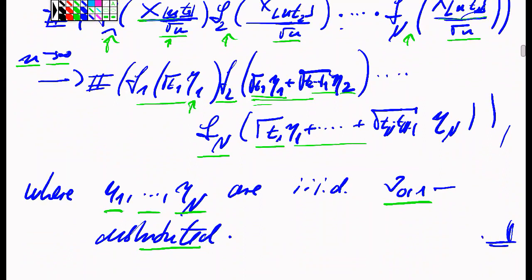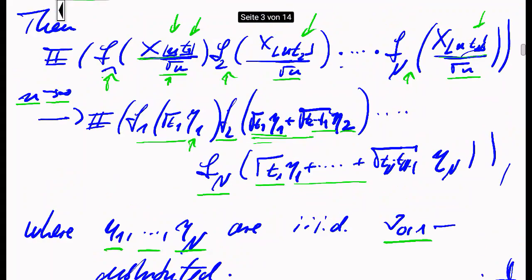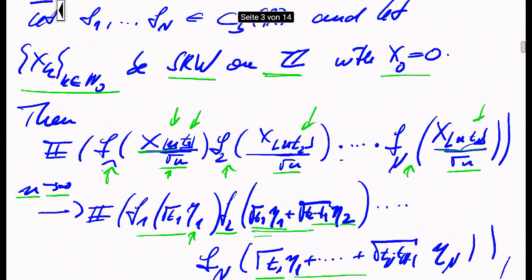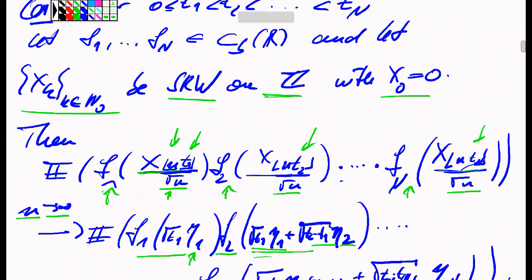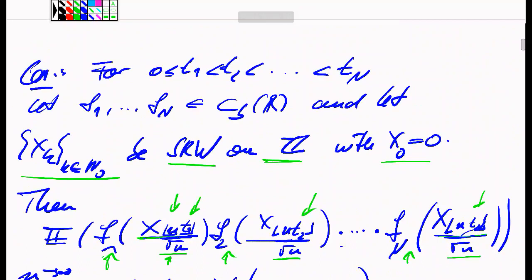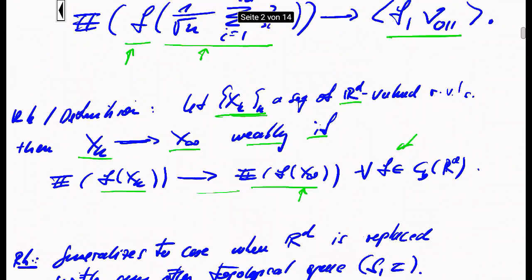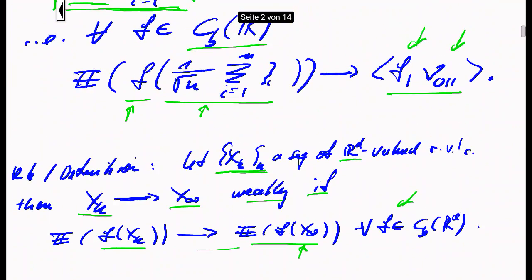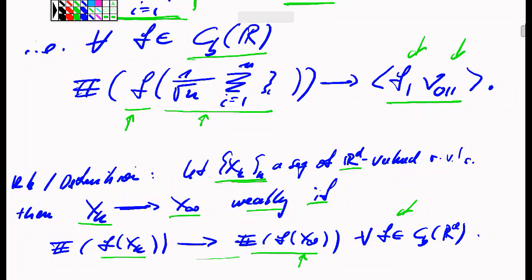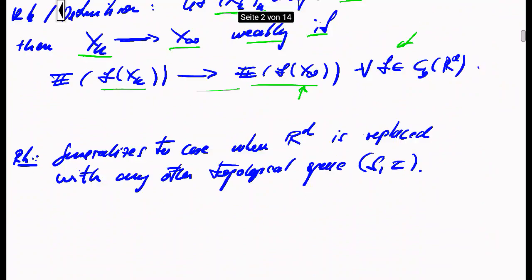And that's, as we shall see in a minute, a more or less straightforward consequence of the central limit theorem, which we had just repeated, which is a standard result in classical probability theory.